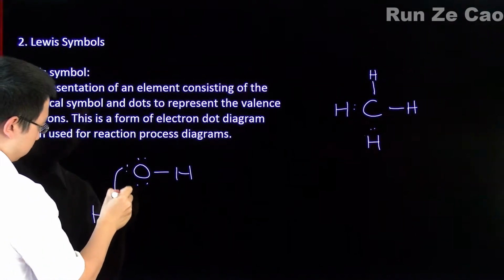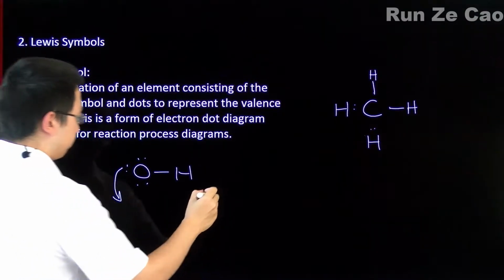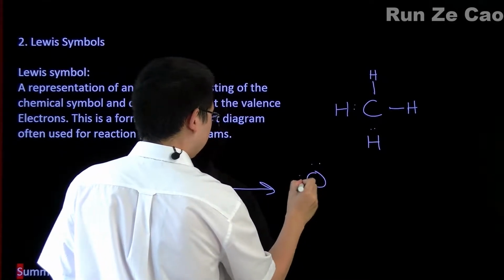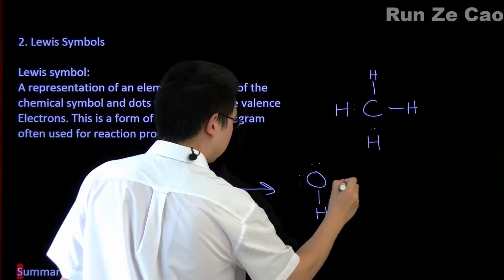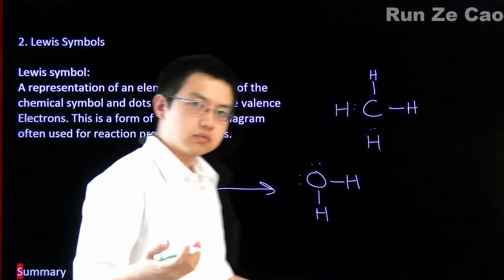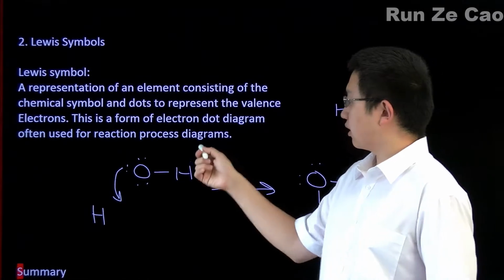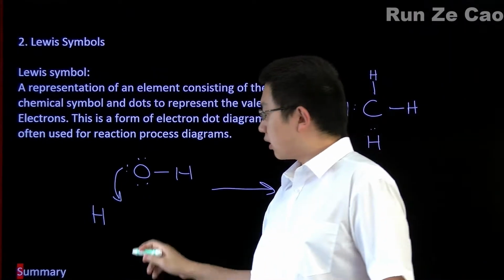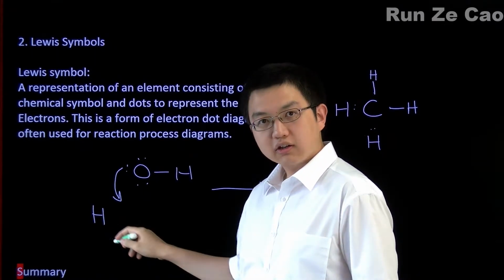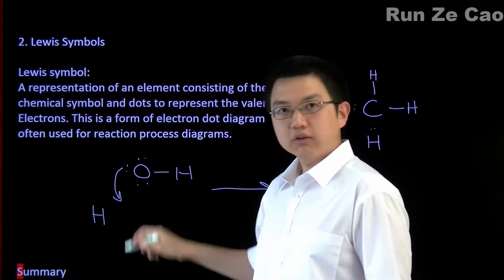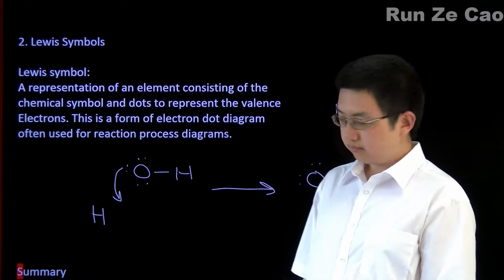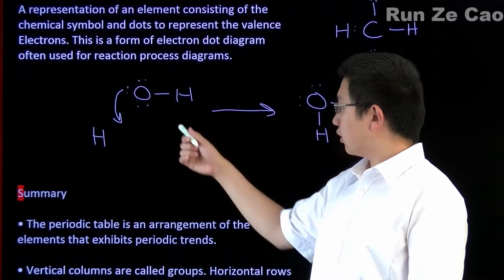So here we form a bond, and now we have, ta-da, water. So this is what we mean by reaction process diagrams, although for the most part, these would be more prone to saying, oh, a hydroxide radical and a hydrogen radical each donate one electron to make a bond. So, this is going to be in the future.